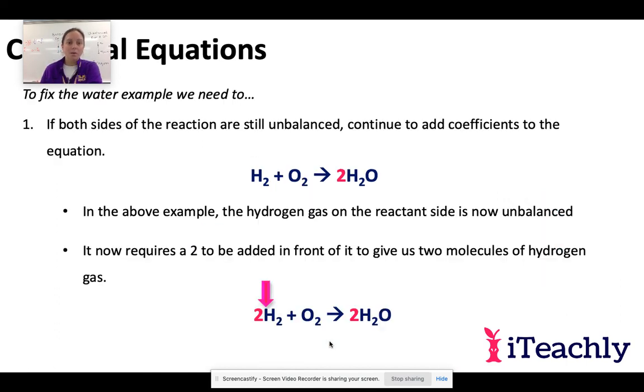I've got to keep going. So what can I do? Well, remember, oxygens are okay, but how many hydrogen do I have over here? I have 4. So what can I do to make 4 hydrogen over here? I can put a 2, because 2 times 2 equals 4 hydrogens. So this allows me to have 4 hydrogens in total on the reactant side.